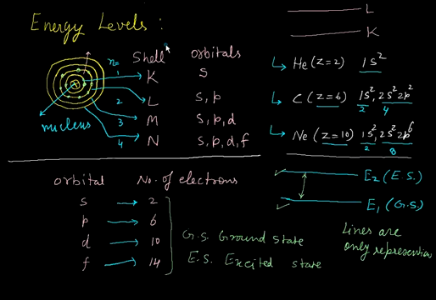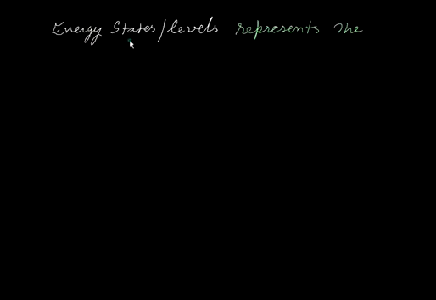So the cells in an atom and the orbitals in them can be represented by the energy levels. So now we have the idea that energy states and levels basically represent either a cell or an orbital in the atom.